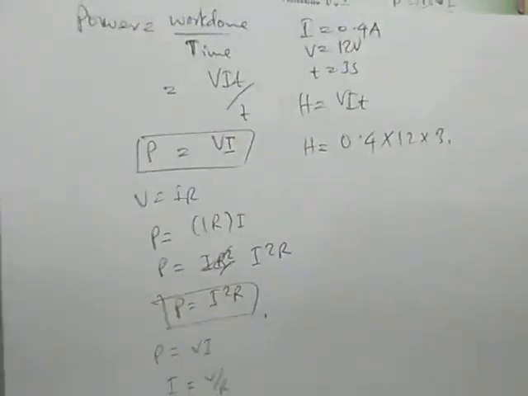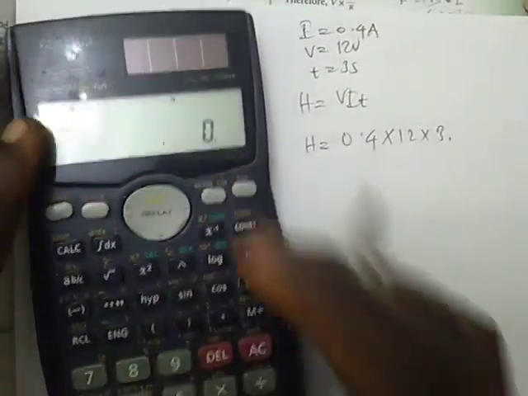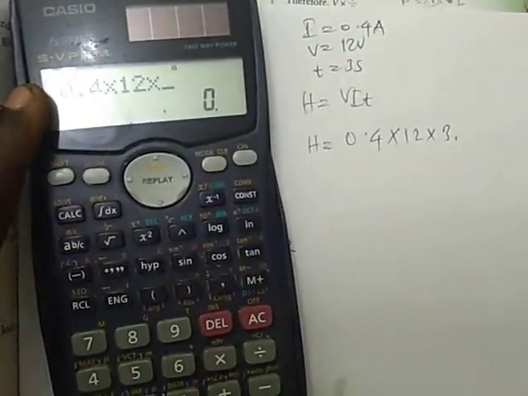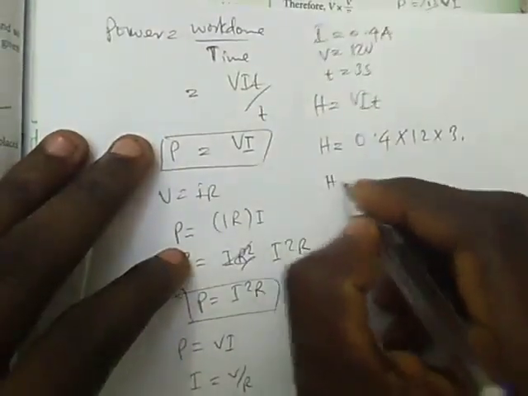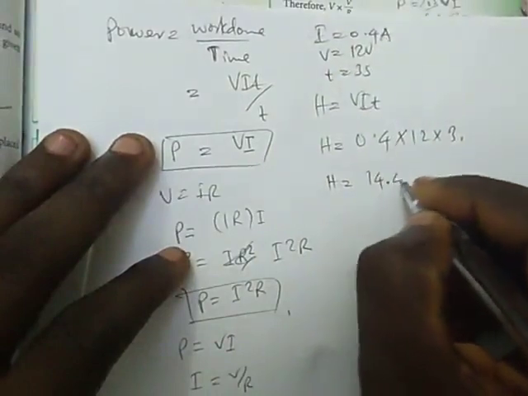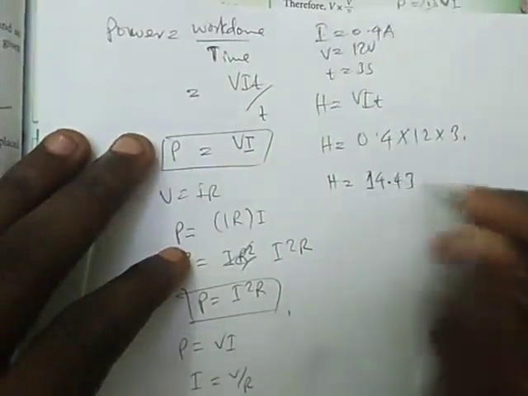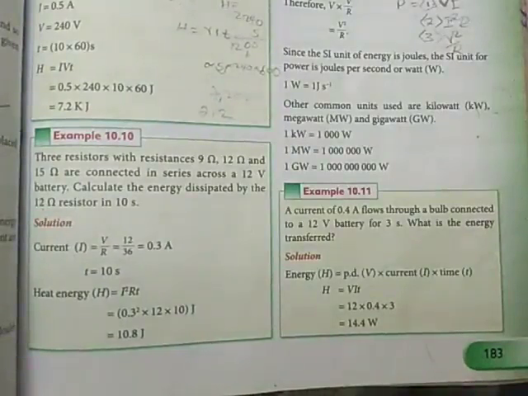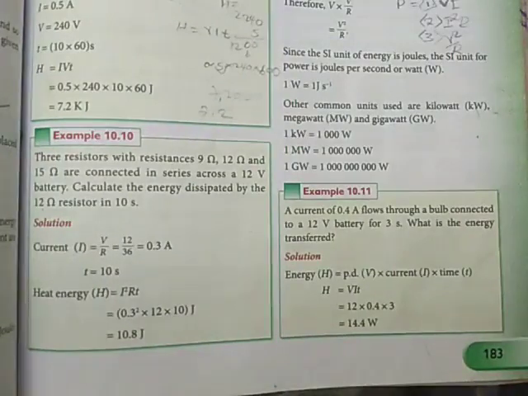Unaona? Umeulizwa energy transferred, haujaulizwa power. 0.4 mara 12 mara 3, tutapata 14.4 joule. Heat is equal to 14.4 joule. Energy transferred actually ni joule.